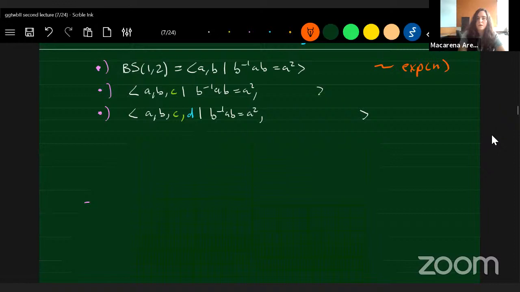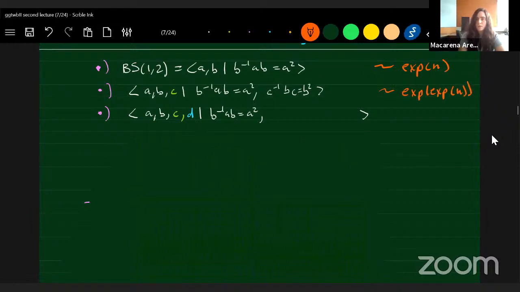And we can define a group by taking the original group, adding one generator and adding one relator, which is going to mimic the original relator, but it's going to use a new letter. So it's going to be conjugating B to B squared. And this group is going to have a double exponential Dehn function.